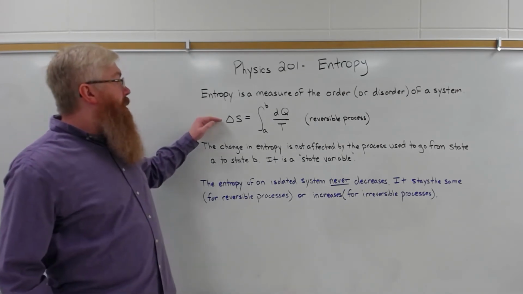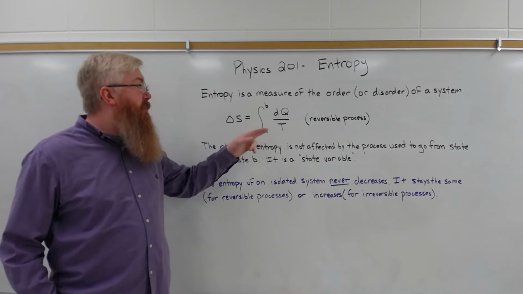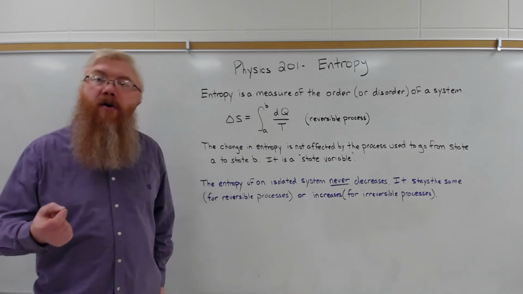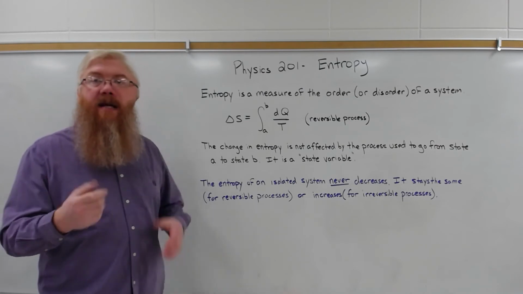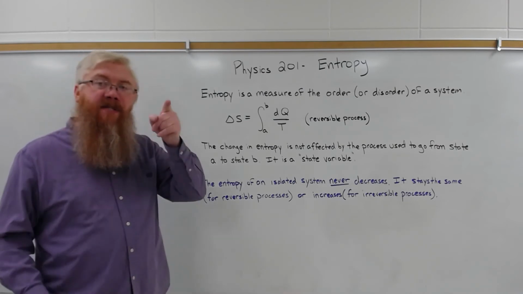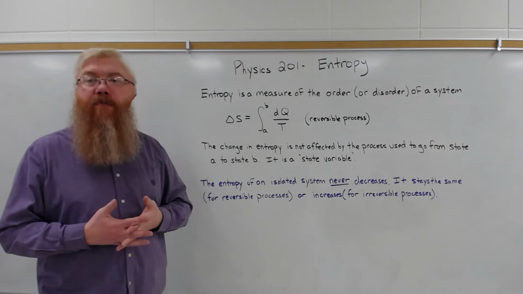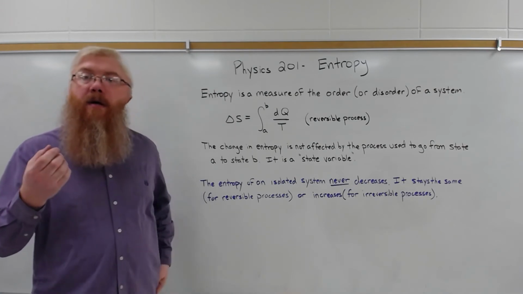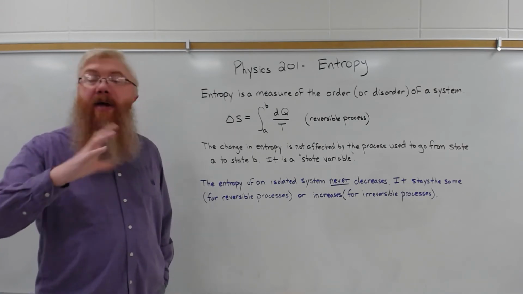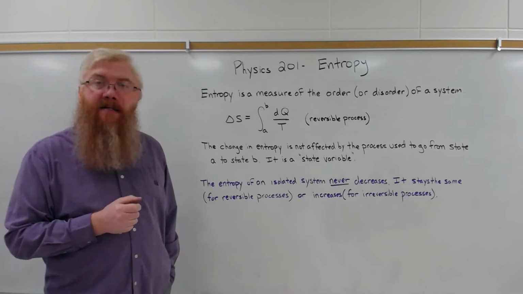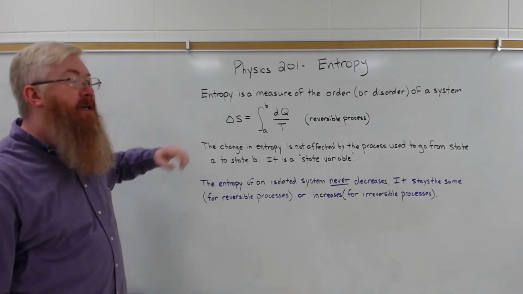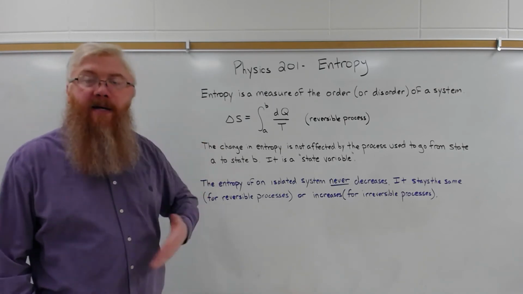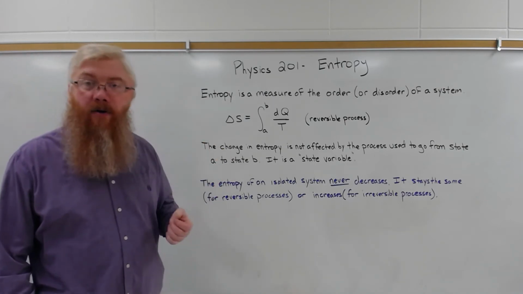Now, in a system with completely reversible processes, like a Carnot engine, the change in entropy between the states is 0. If you go from state A back to state A, no entropy is lost or gained. The entropy remains the same at those states for a reversible process system like a Carnot engine.